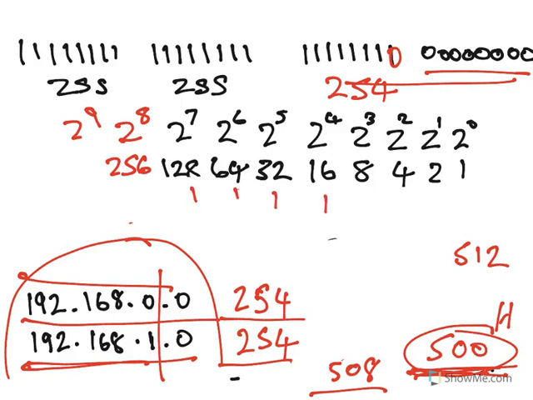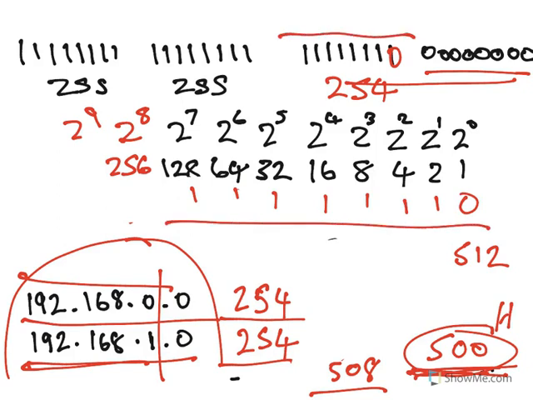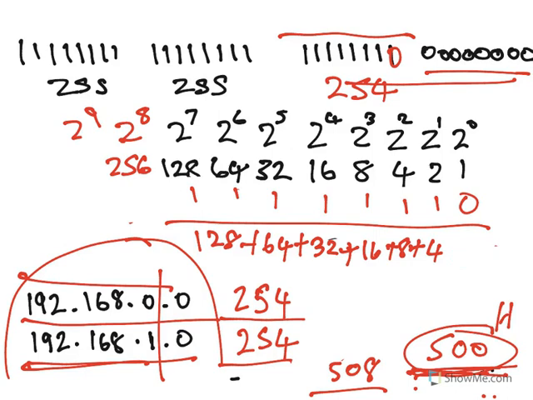Obviously, this is from here in the 3rd octet. That's 128 plus 64, which is 192, plus 32, plus 16, plus 8, plus 4, plus 2.